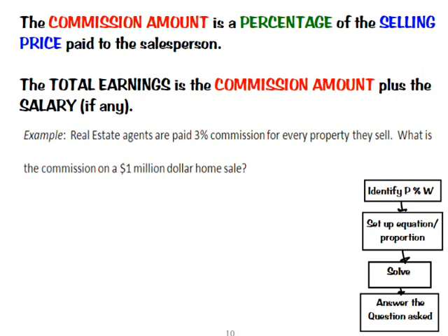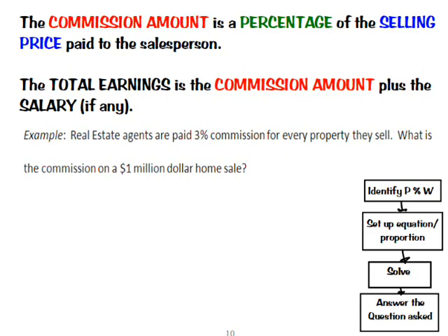Next we come to the concept of commission. Commission is how a salesperson is paid. It is a percentage of the price of whatever they sold. So whether they sell a refrigerator or a car or a house, they earn a commission, which is a percentage of the price of the thing that they sold.